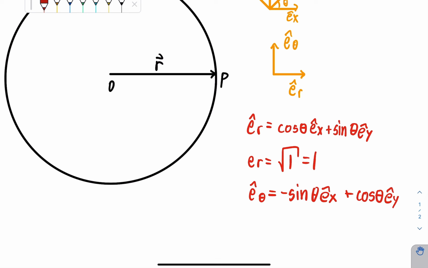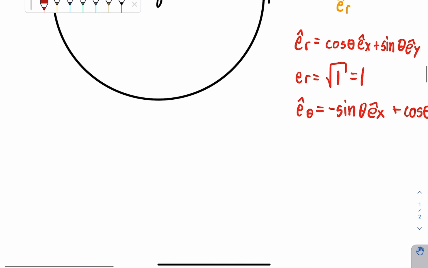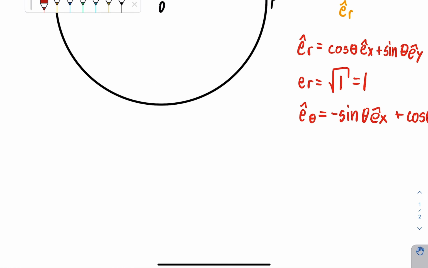Okay, now we need to find the derivatives of these basis vectors. So we are going to differentiate with respect to theta. First, we will differentiate e sub r with respect to theta. So we have cosine theta plus sine theta. The x and y basis vectors are going to be held constant, so don't worry about that.